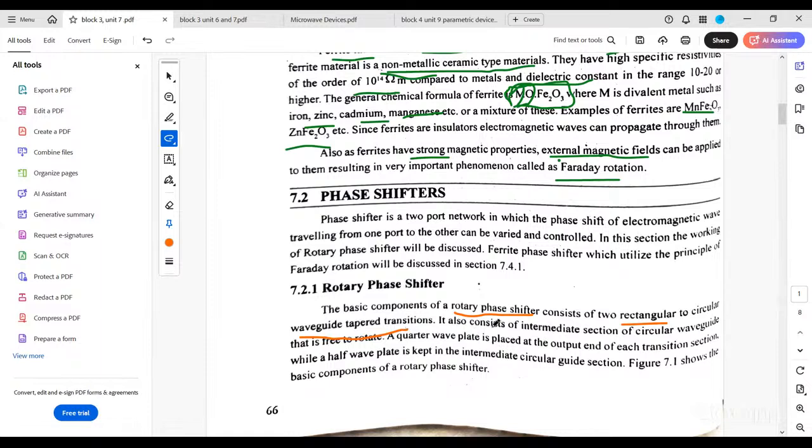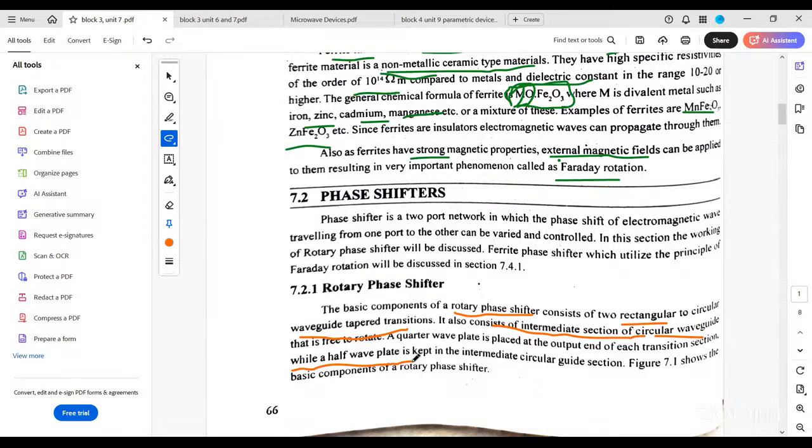It also consists of an intermediate section of circular waveguide with two quarter wave plates. It has a circular waveguide with a half wave plate in between those. The description of the diagram is given. So if you get phase shifters in the exam, you have to write the rotatory phase shifter.